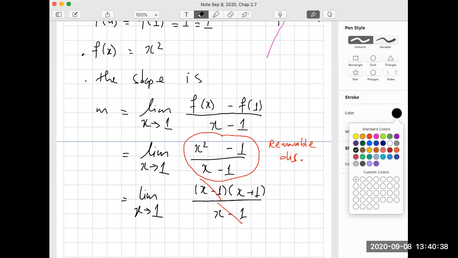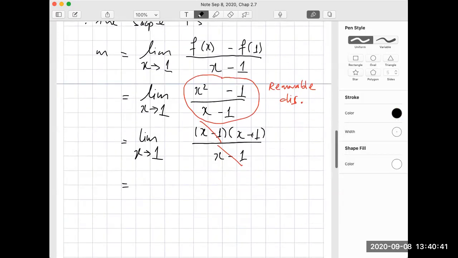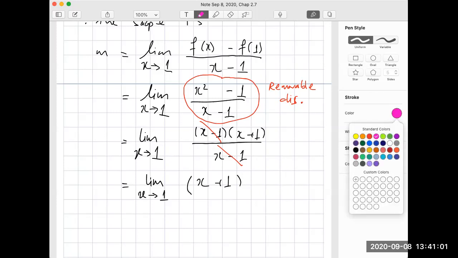So the limit becomes the limit when x approaches 1 of x plus 1. We see that x plus 1 is a linear function, or a polynomial. Therefore, it is continuous on its domain, and the domain of this is R, right?